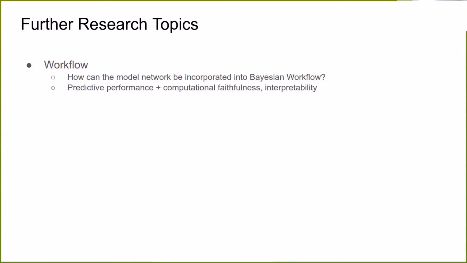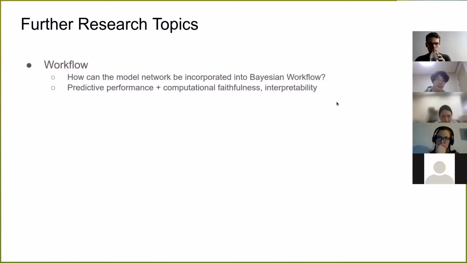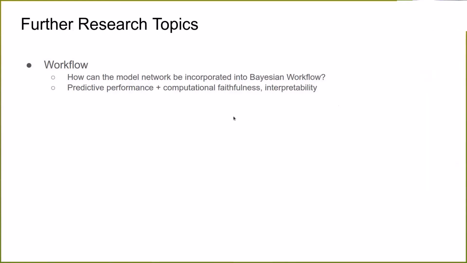But there are many more aspects to Bayesian workflow, right? We can take into account how well the posterior can be faithfully computed, and whether the model is interpretable or not. If we want to take these into account when we do Bayesian workflow, we don't take a quantitative approach.